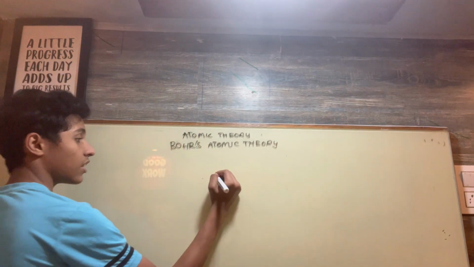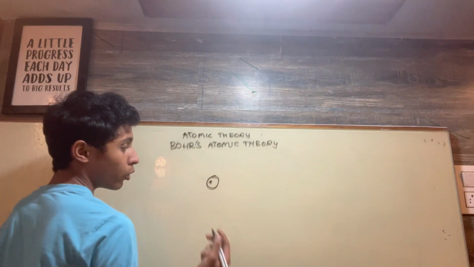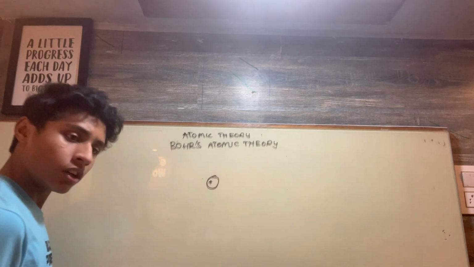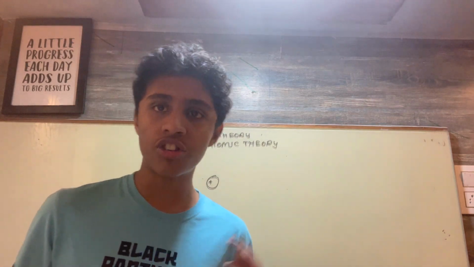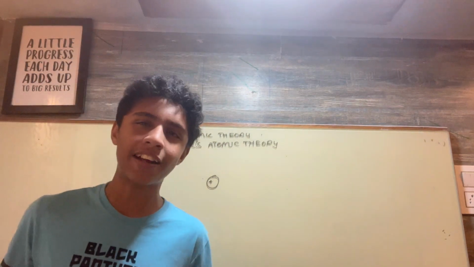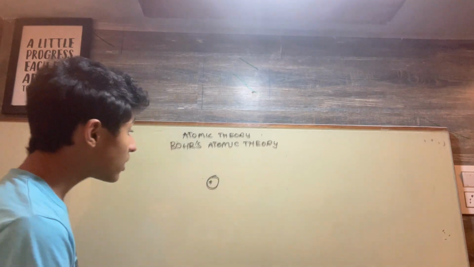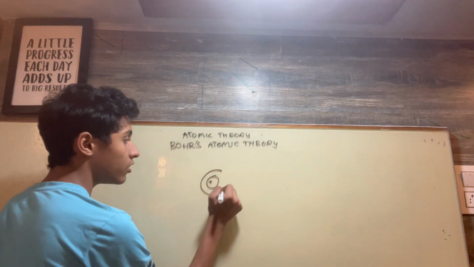In the center we obviously have our protons and our neutrons, and the electrons, since they're negatively charged, are going to be attracted to the protons. So these electrons are going to revolve around the nucleus.